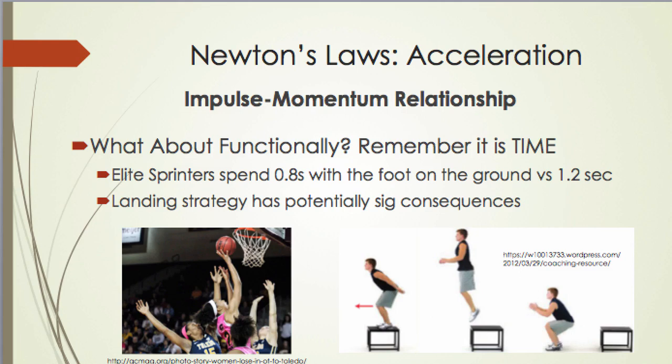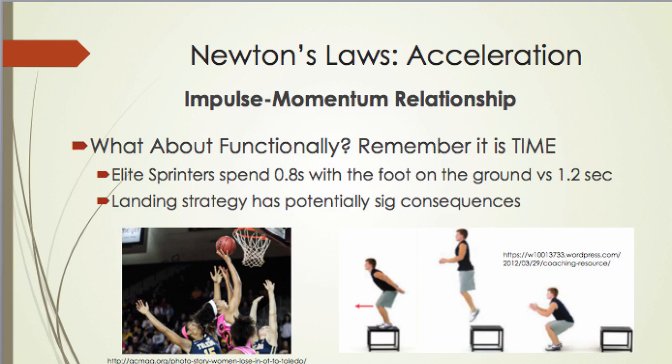Which one is it going to be more advantageous to have a slow or a longer impulse-momentum relationship function? Well, it's going to be this guy, right? Because if he jumps off of this 12-inch box and lands abruptly with his knees more or less straight, he is at increased risk of hurting his knees. Correct?